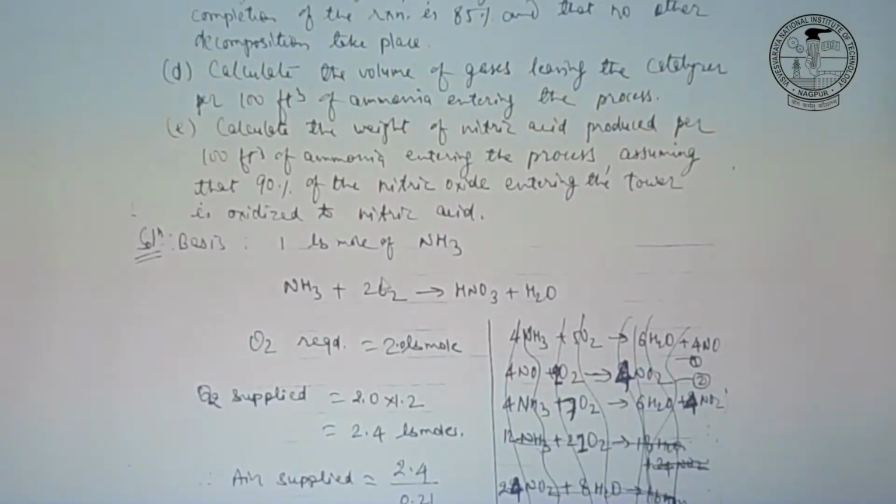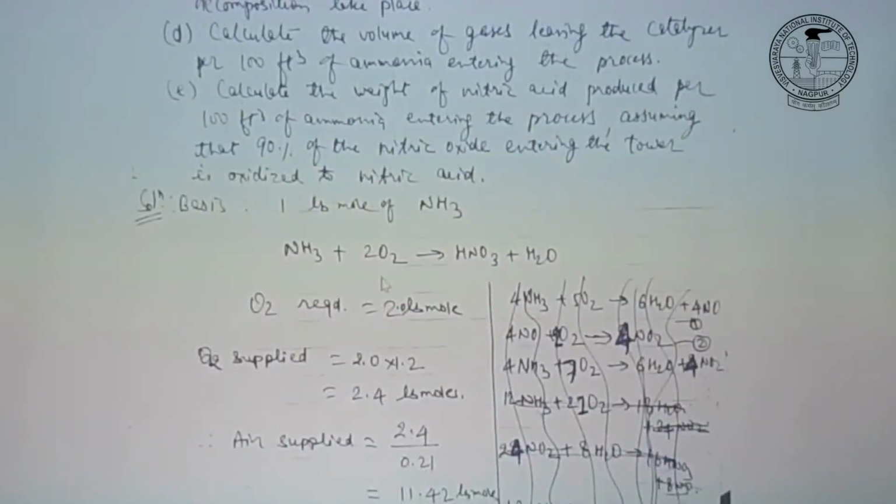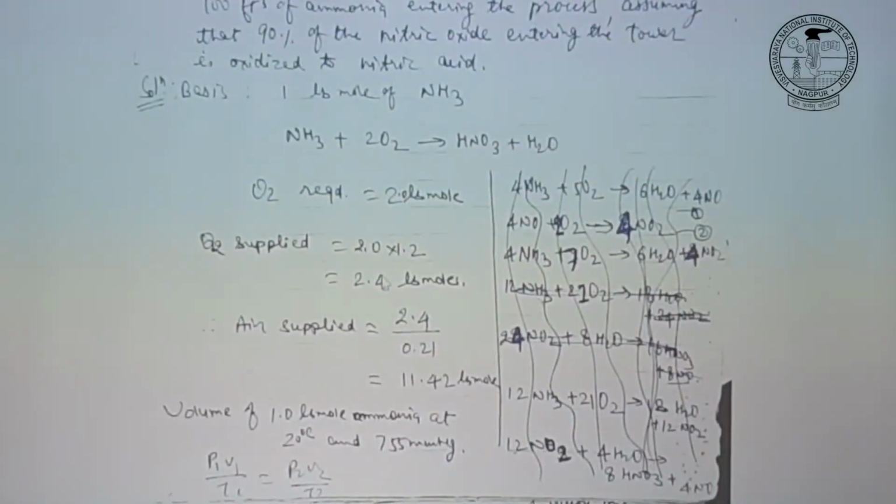As we all know, during the solution of any stoichiometrical problem, we need to define the basis, right? Either 1 gram mole or 1 lb mole, or 100 cubic feet of volume, right? So we need to decide one particular basis, and based on that we proceed with the solution.